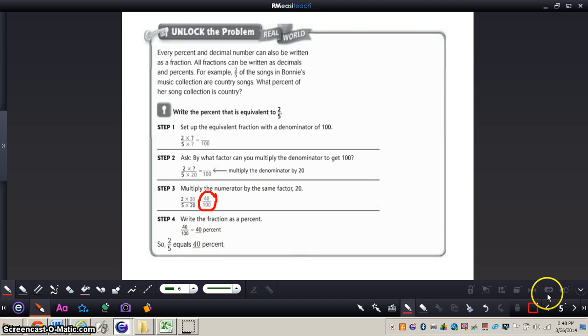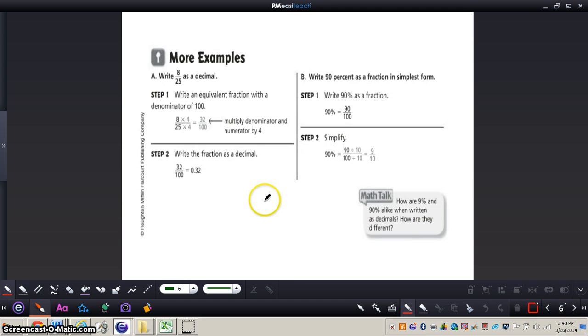Now let's take a look at another one here. Another example. It says write 8/25 as a decimal. Step 1, what we want to do is write an equivalent fraction with a denominator of 100. So we take 8/25, and we think about the denominator as 100.